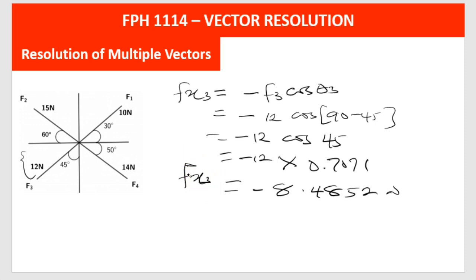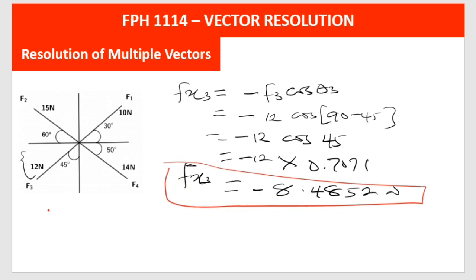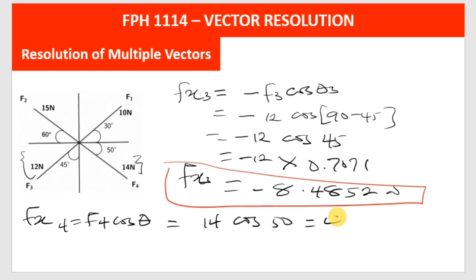This is Fx3. So finally we have Fx4, which is equal to F4 cos theta, which is 14 cos 50. Cos 50 gives us 0.643.